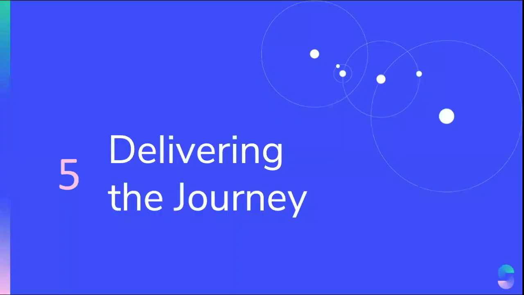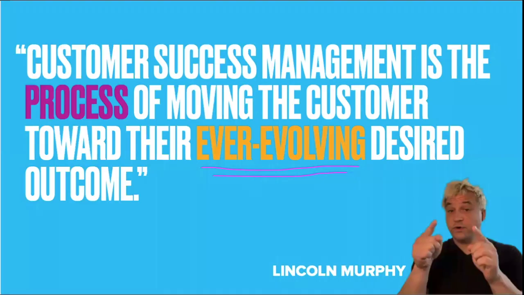Moving on to the last part of the webinar, which is about delivering the journey. The key here is, of course, to get closer to the desired outcome. But as Lincoln also talks about, this is an ever-evolving thing.